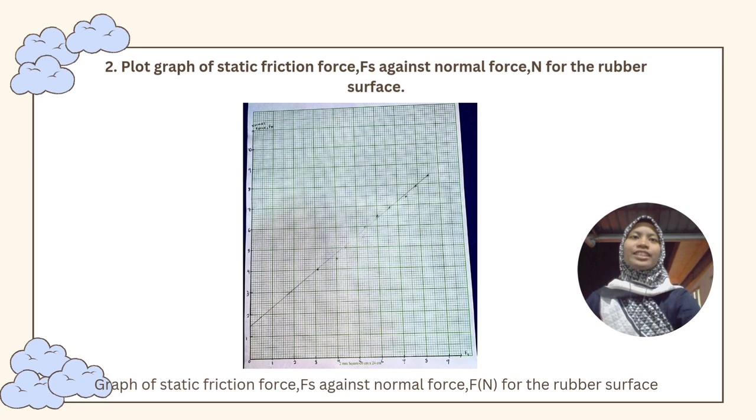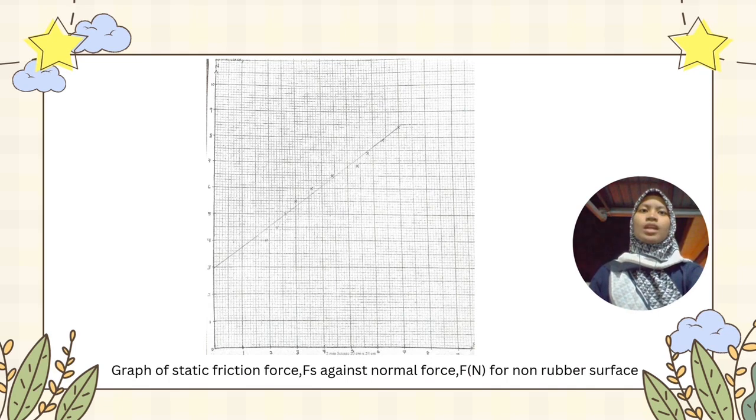Plot the graph of static friction force against normal force for the rubber surface and non-rubber surface. Here's the answer for the graph of static friction force against normal force for the rubber surface. And this is the answer for the graph for the non-rubber surface.